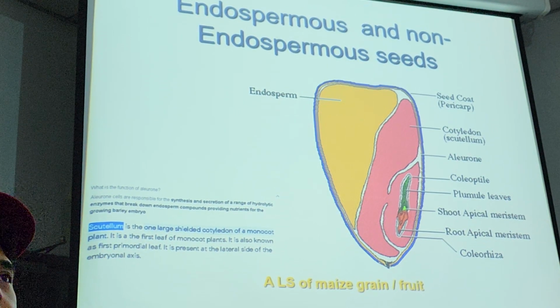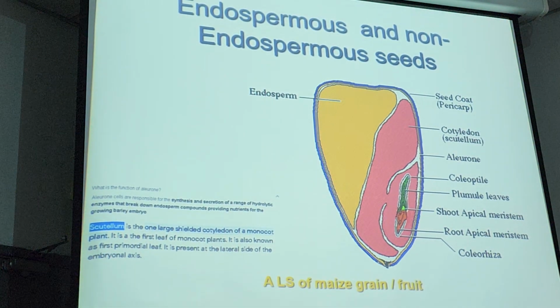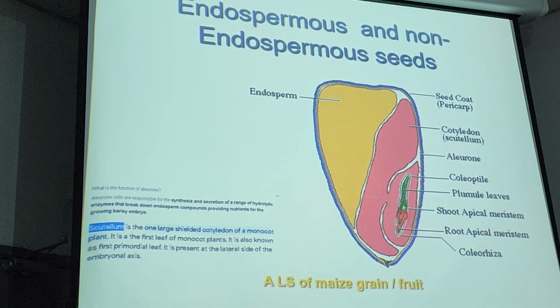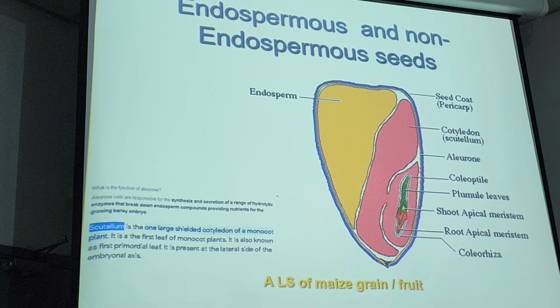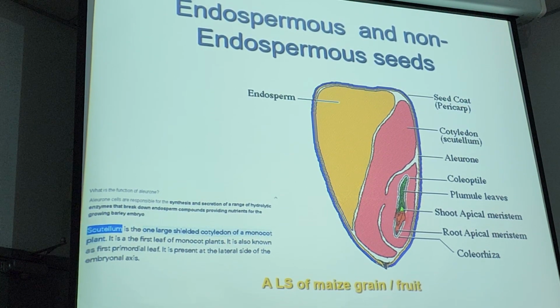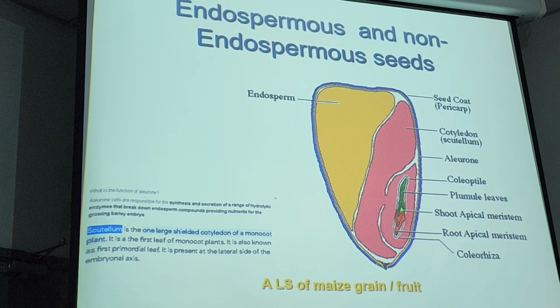Any idea what meristem is? Yeah, an undifferentiated mass of cells. Meaning that it has what we call pluripotency.